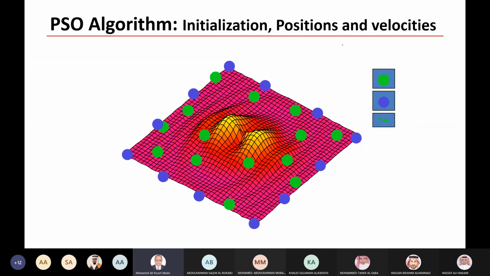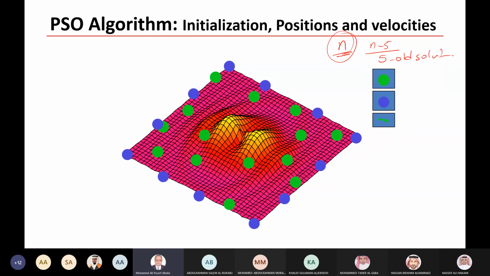You have N population, you start not randomly with all N, but you can keep, for example, if you have 5 solutions and you know these are the good solutions, so you can generate N minus 5 randomly and 5 the good solutions. So this will enrich, of course, the search or guide the search.